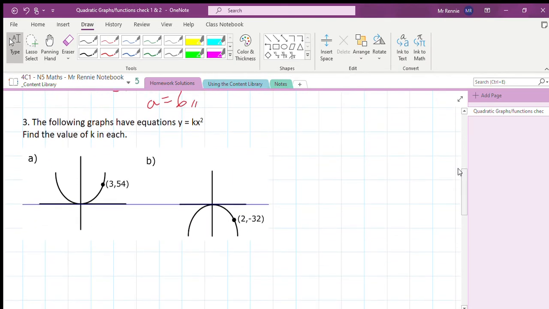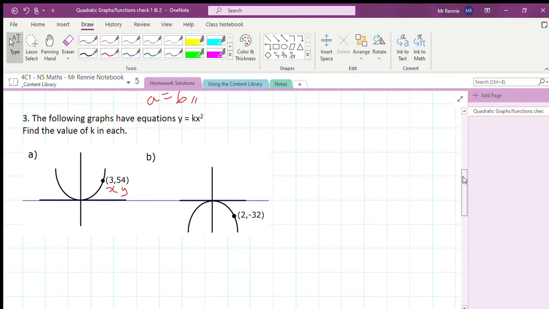Right, I'm then going to jump on to question 3 now. The following graphs have equations y equals kx squared. Find the value of k in each. This is where we're given the equation and we want to work out what k is. We start off with our coordinates, and we know that every coordinate has an x and a y value, so they're going to be my x and y values for part A. If I just scroll down a tad more, to give myself some working space.